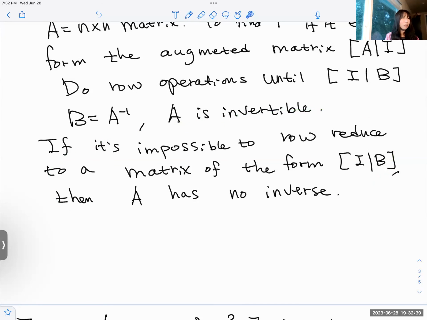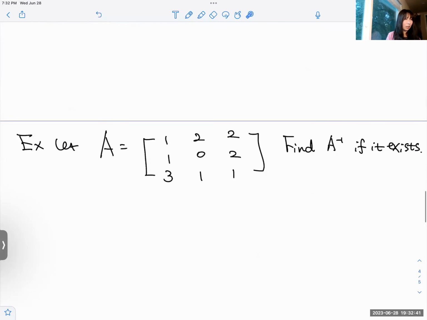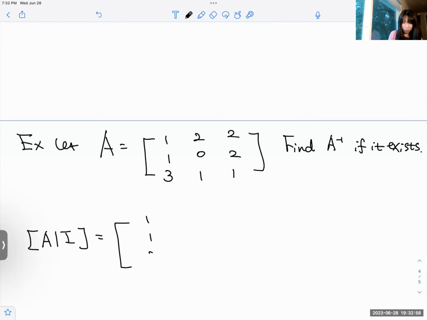Okay. Let us do this. Let's do it. Ready? So we start with the identity matrix on the other side. So that means we have A: 1 1 3, 2 0 1, 2 2 1, and on the right hand side we have the identity matrix, which is the same size as the matrix A, right?